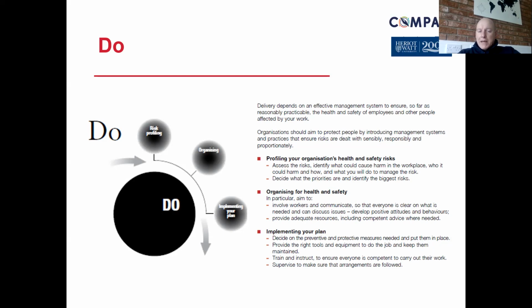So then when it comes to implementing it, it's decide, put your protective measures in place, make it happen, provide the right tools and equipment and the people who are trained and instructed on what to do and what's required and what the compliance levels are. And in order to really enforce the acceptable behaviors around competence, so once you've had the training and the instruction, you then need supervisors.